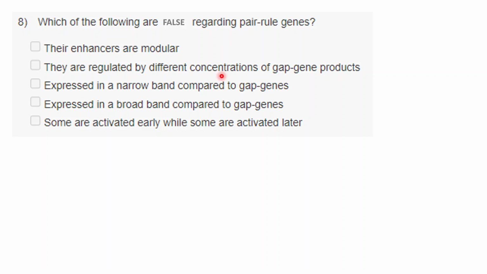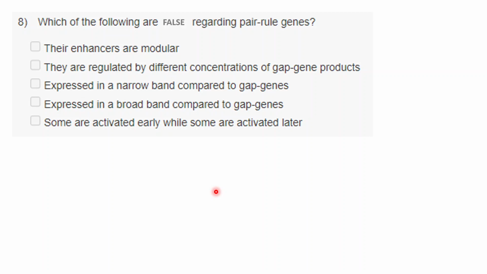Moving on to the 8th question. Which of the following are false regarding pair rule genes? Again, a true-false based question. Which of the following are false regarding pair rule genes? Their enhancers are modular. They are regulated by different concentrations of gap gene products.